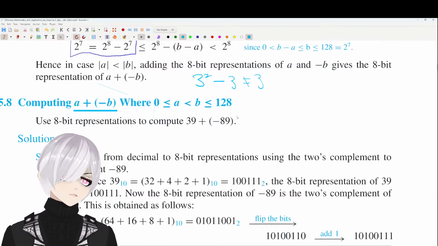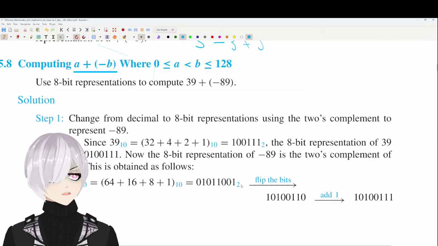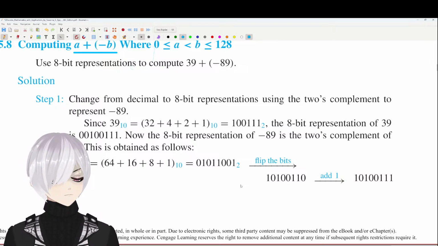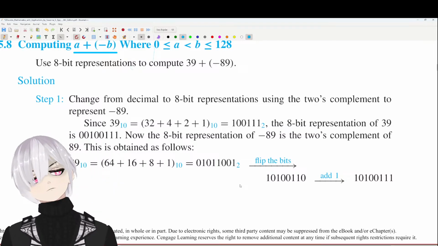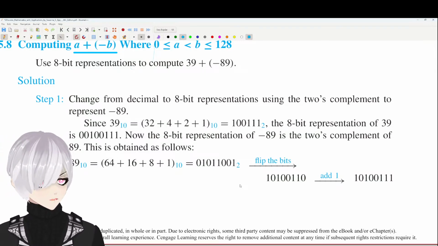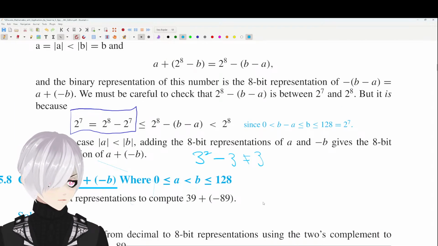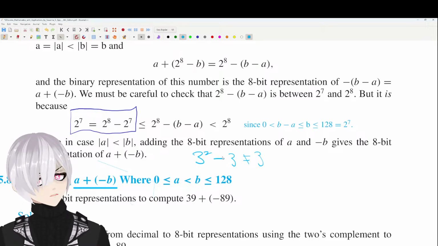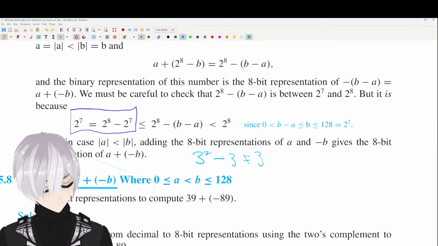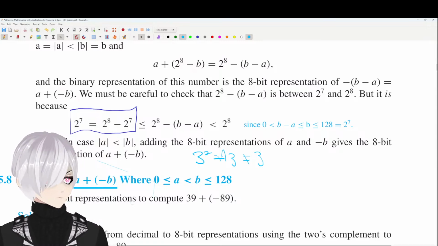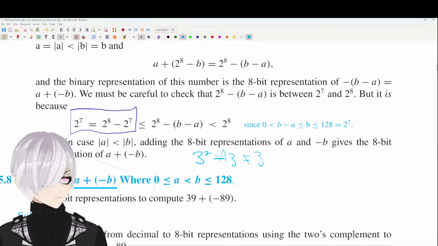Yeah, so 39 plus negative 89, well, we have to do the binary representations of each of them and add those representations. So first we get the binary representation of 39, which is done in the usual way without 2's complement. Let's see. So we have 8 bits.